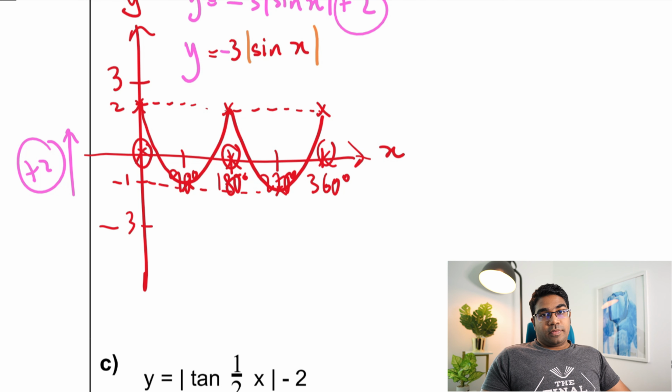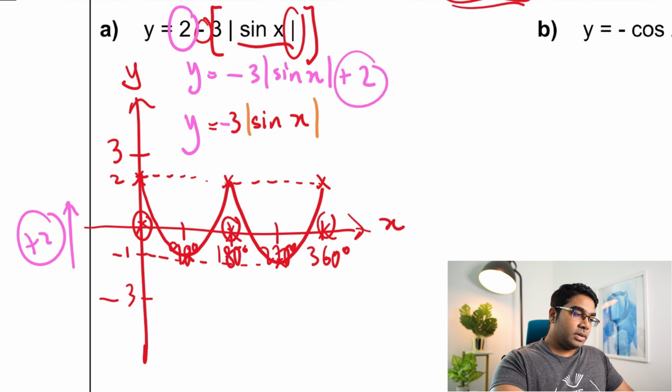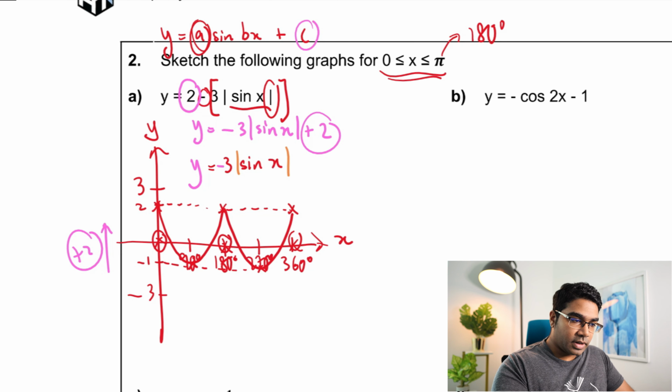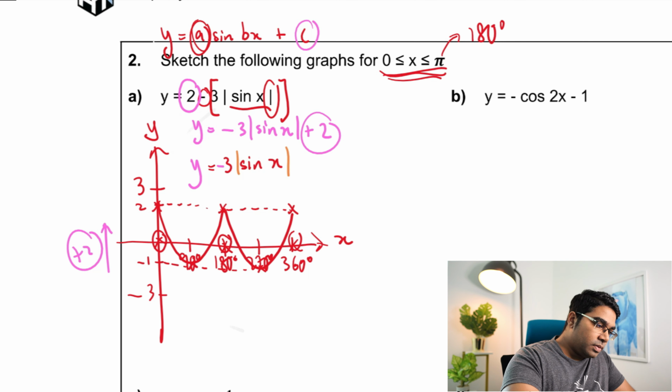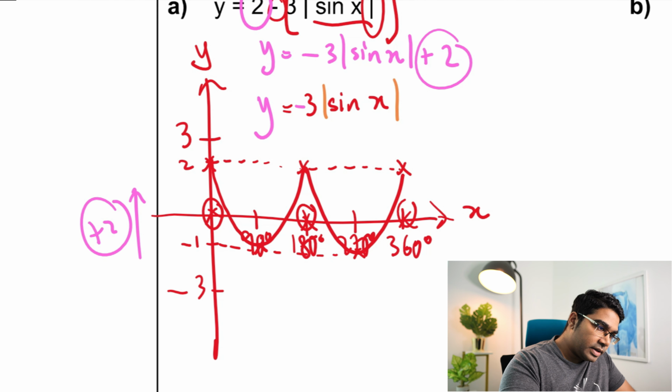But we are still not following the requirement of the question because this is from 0 to 360 degrees. Our question has asked us to draw the graph in the range of 0 to pi. So 0 to pi would mean we only go up to 180 degrees, which means the portion of graph that we need to sketch is until here.